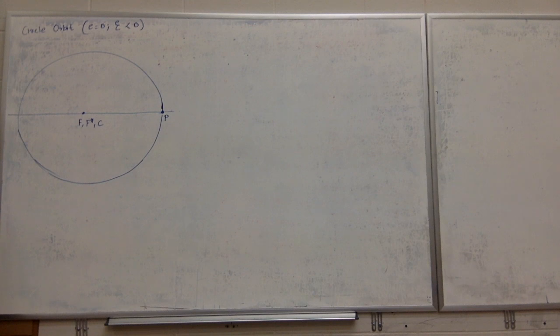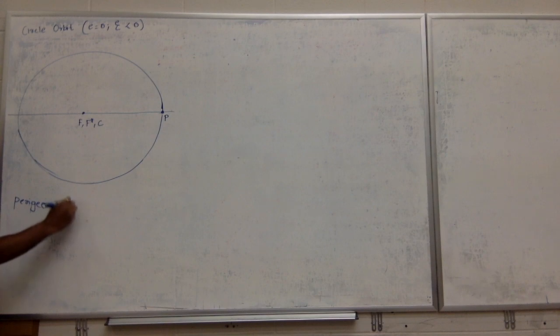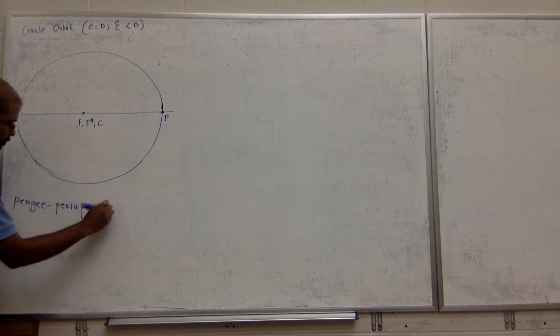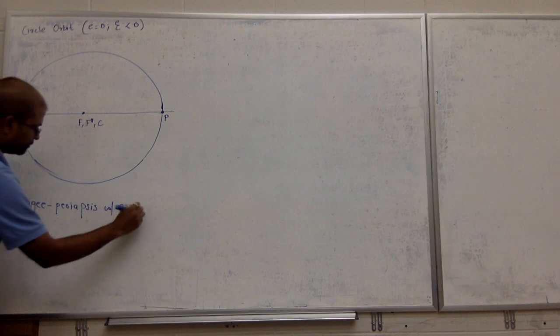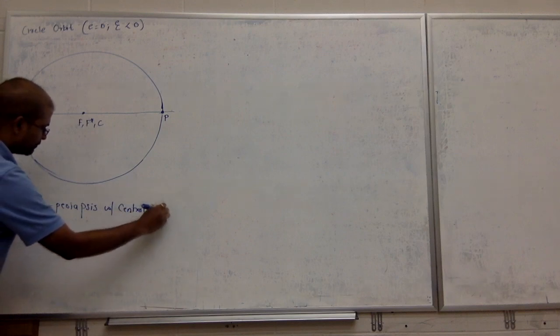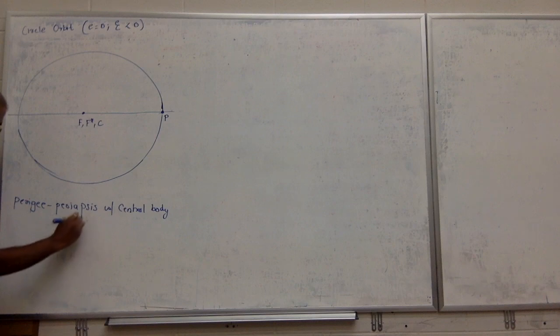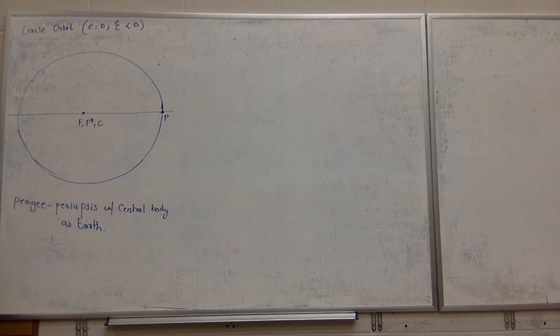G. Geo. Periapsis with central body as Earth is perigee. Helion, perihelion. Make sense?